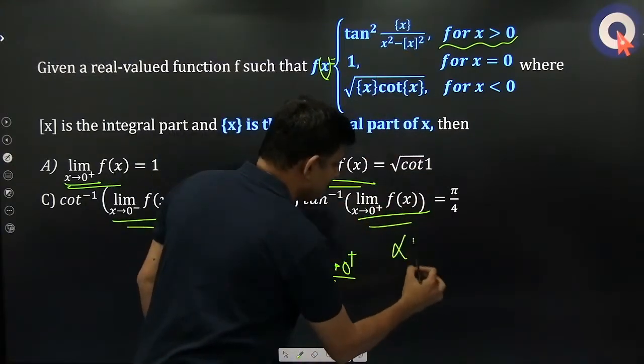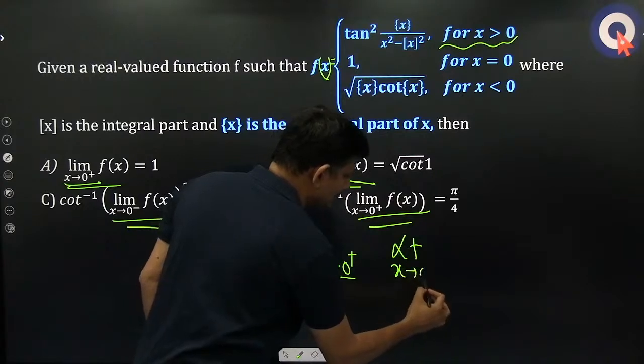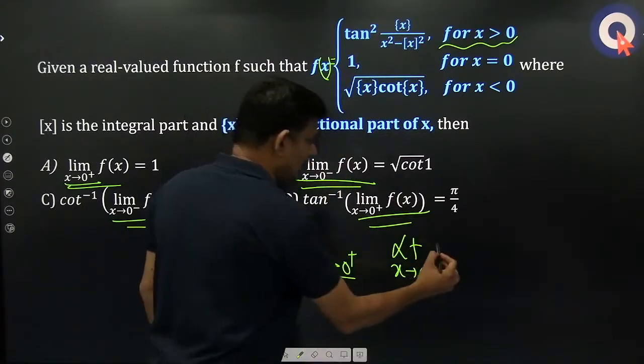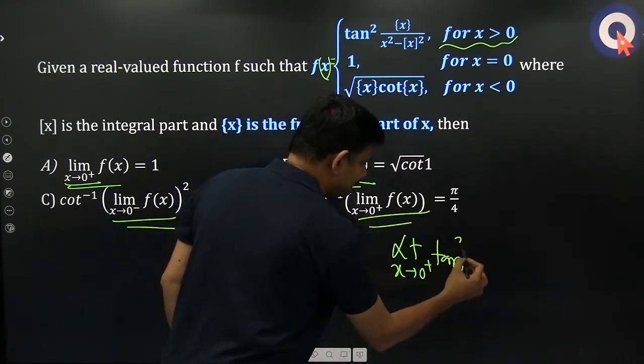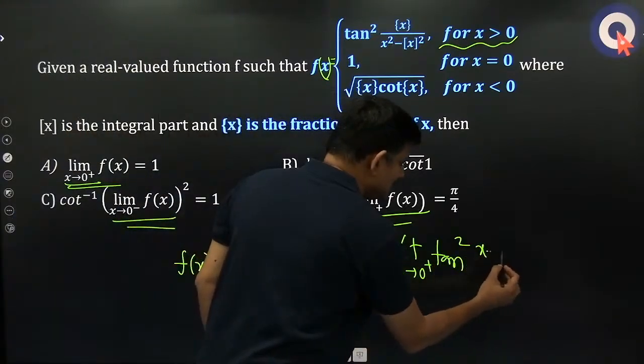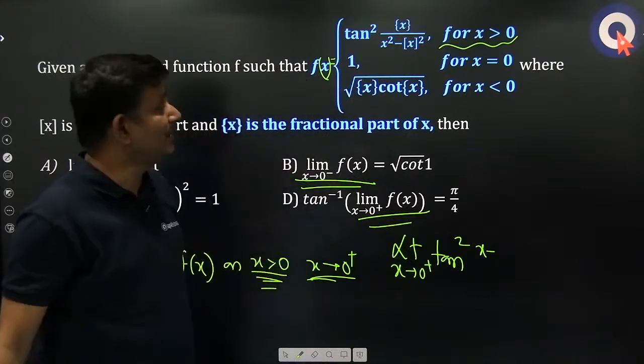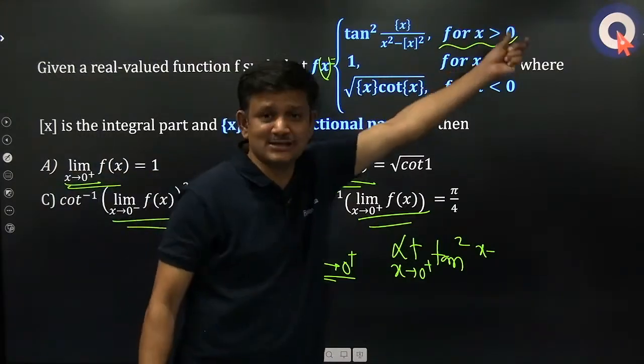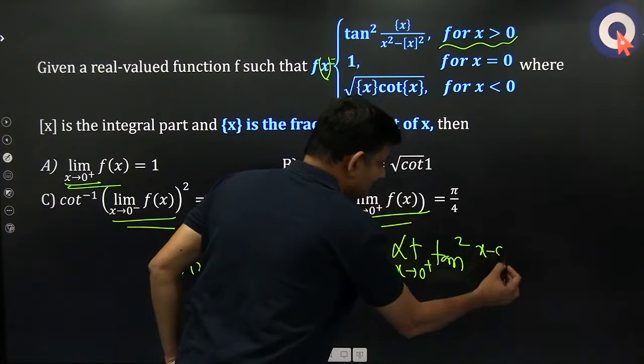So what is the limit which you are talking about? Limit x tending to 0 plus of tan square of fractional part of x, which is x minus integral part of x. What is the integral part of x? x is slightly greater than 0, so it is 0.